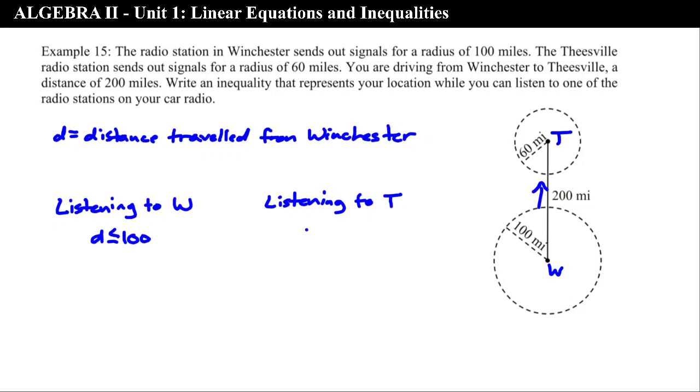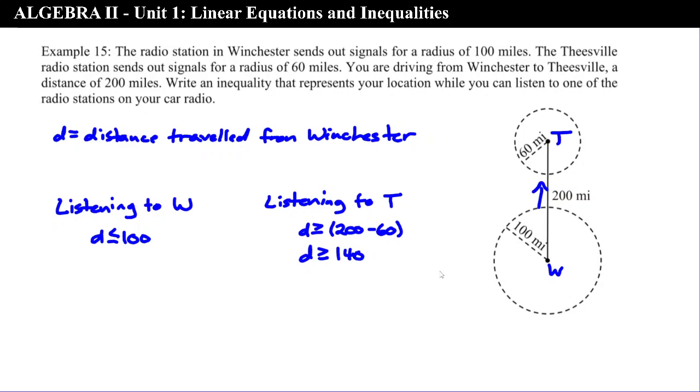And so it would be for every distance that is greater than or equal to 200 minus 60. Because 200 minus 60 would be the point in which we hear it, and then everything beyond that, we can hear it. So we can simplify that to be for every distance greater than or equal to 140. So it's at 140 miles out from Winchester that we hit the first moment that we can listen to the Thiesville station.